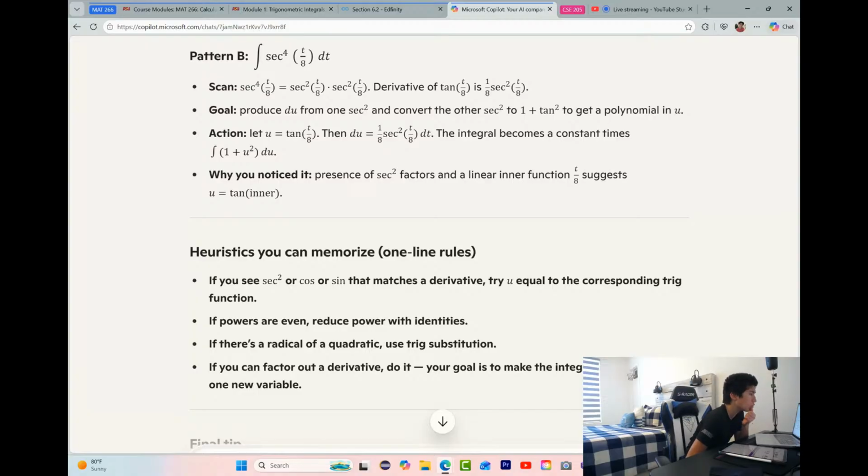So then I'll get 1 plus u squared du, and the 1/8 goes outside.